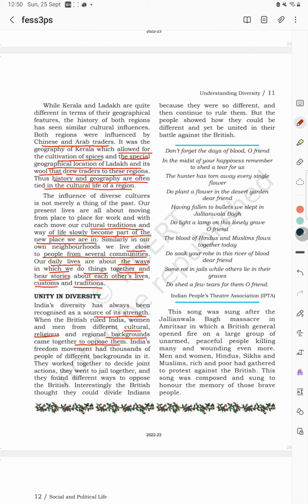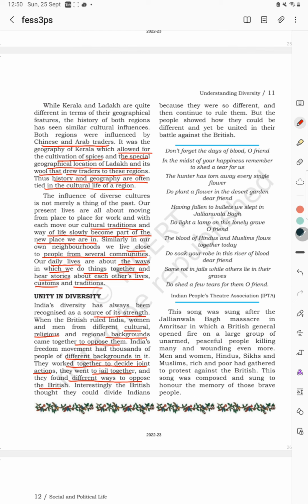India's freedom movement had thousands of people of different backgrounds in it. They worked together to decide joint actions. They went to jails together and they found different ways to oppose the British.